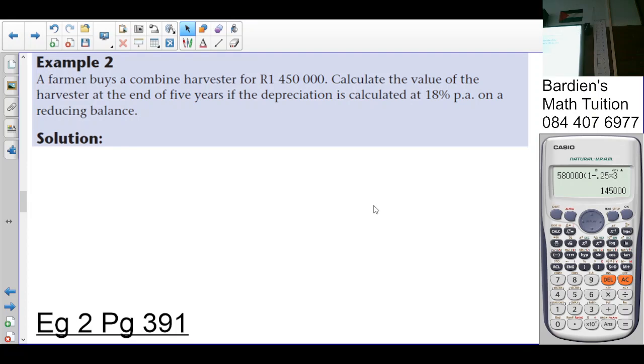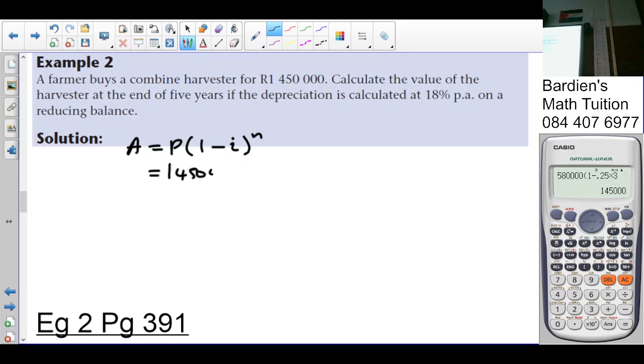So the formula that we use is A is equal to P into 1 minus i to the exponent n. Your P value is 1,450,000 rand into 1 minus 18%, so 0.18, to the exponent 5. So that's the end of 5 years.